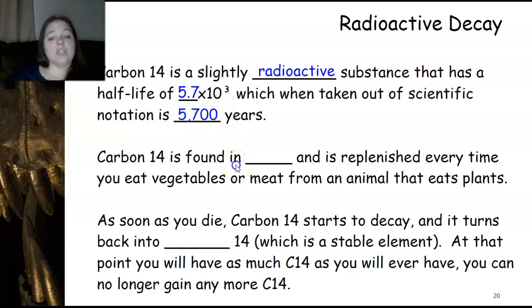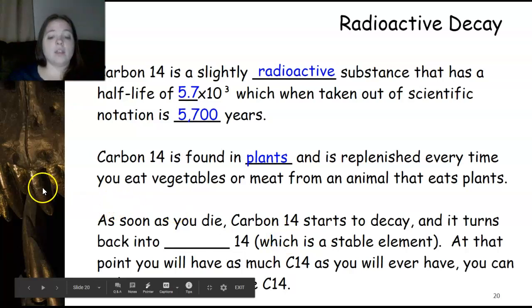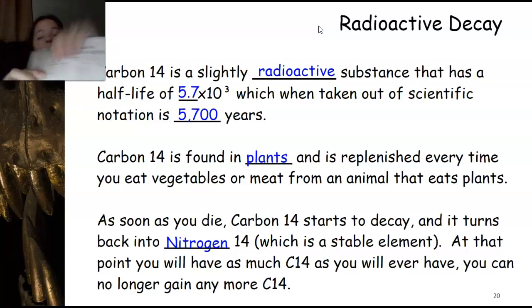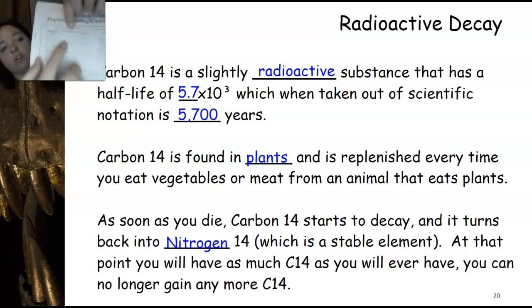So carbon-14 is found in plants and is replenished every time you eat vegetables or meat from animals that have eaten plants. So you're eating all this stuff, and every time you eat, you ingest carbon-14. But as soon as you die, that carbon-14 starts to decay, and it turns back into nitrogen-14. How do I know? Well, that would be right here in the disintegration.